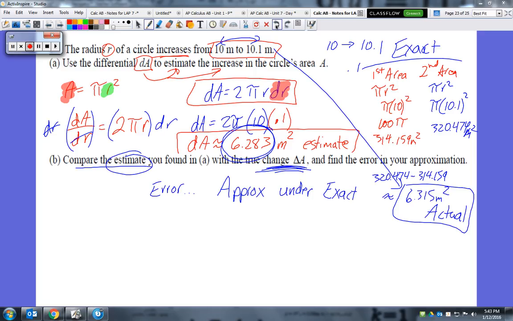Or you could just say it's an under approximation by a certain amount. So I could say error is an under approximation of, or compared to, exact.